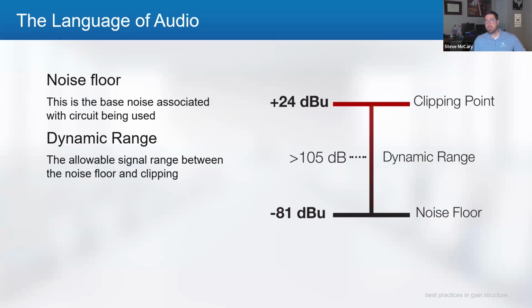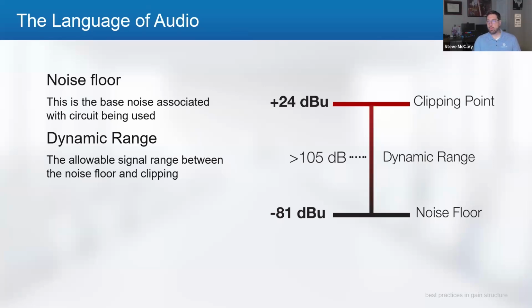The other thing that we want to talk about is the clipping point. When we talk about a clipping point, we talk about what is the maximum amount of signal that we can put through. In the case of a Q-SYS DSP, this is going to be plus 24 dBu.